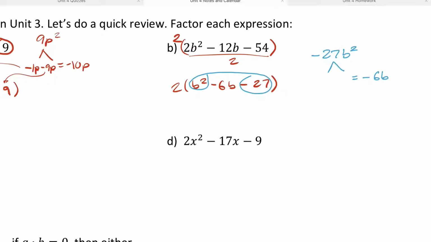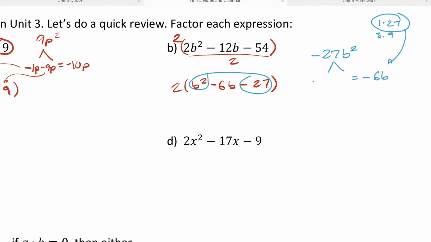I think there's only two choices to multiply to give us 27: 1 and 27, or 3 and 9. It's obviously going to be 3 and 9, because there's no way we could make 1 and 27 give us a negative 6.